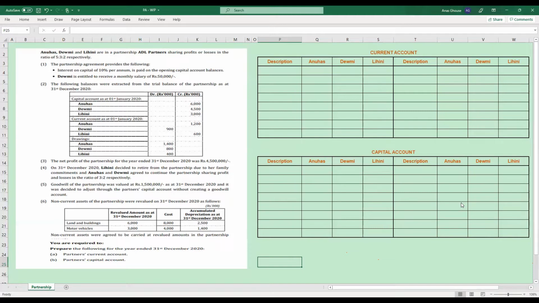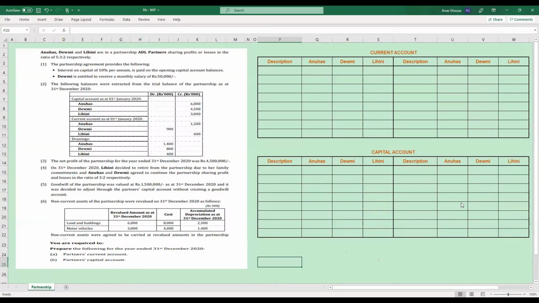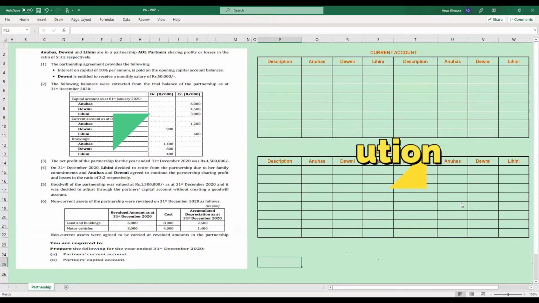So now let's look at the basic steps when dealing with partnership accounts. The first one is you need to open two accounts, the current account and the capital account for partners, to record all the transactions. Basically, the capital account is maintained to record certain transactions such as capital contribution, capital introduced by the partners.